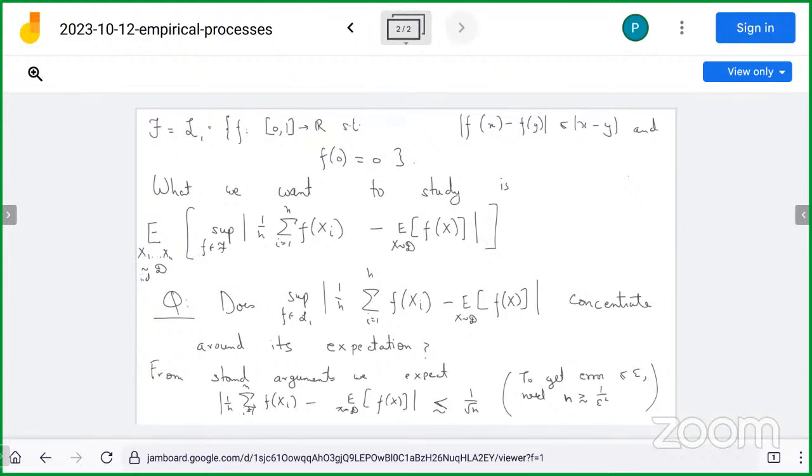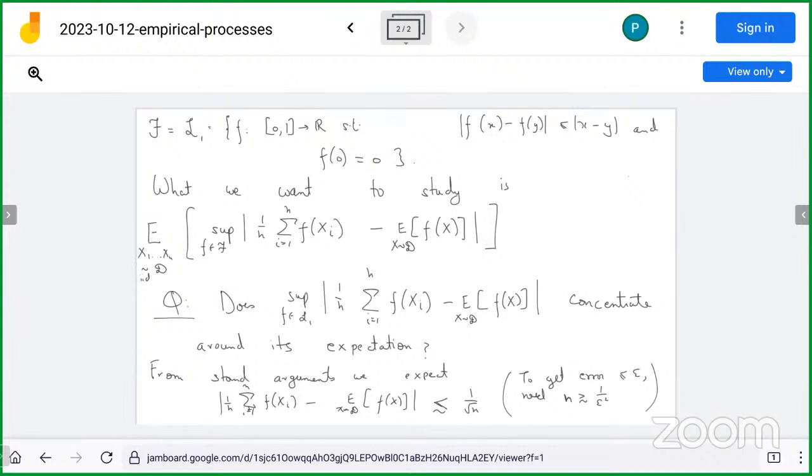Two functions, what happens? It's concentration plus union bound. So you keep working.